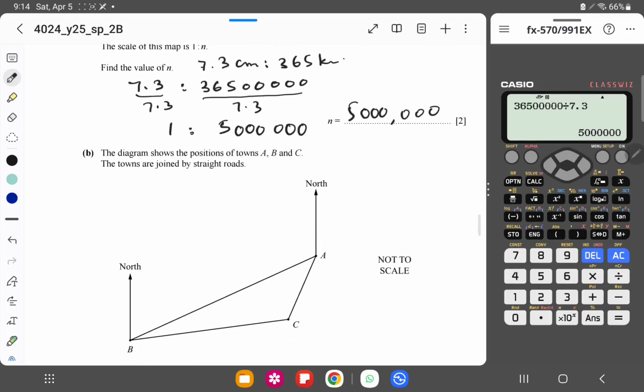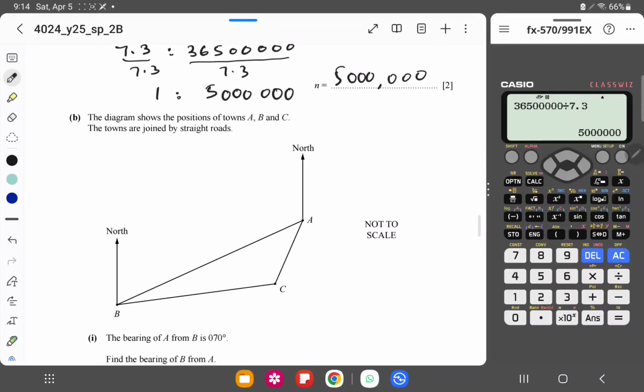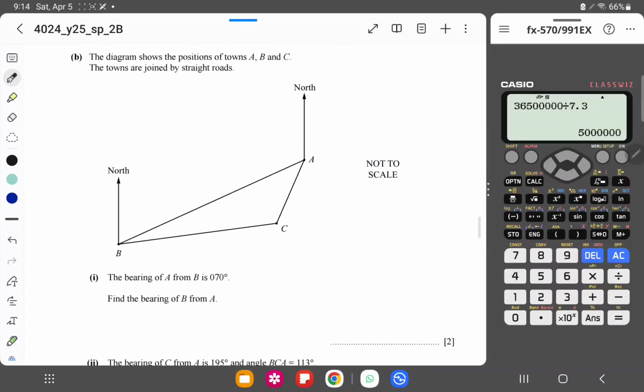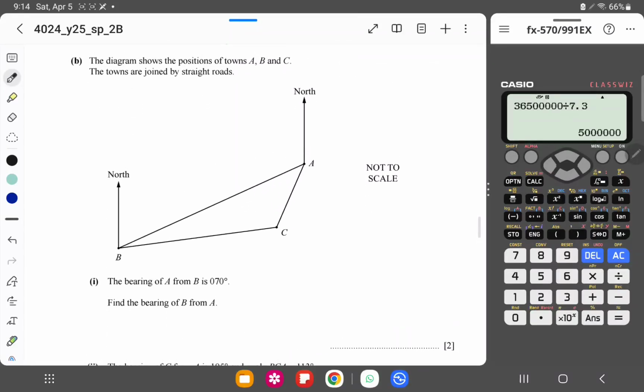All right. Now part B, the diagram shows the positions of the towns A, B and C. The towns are joined by straight roads. The bearing of A from B is 70 degrees. So for A from B, we are just looking from B to A. The bearing is given.